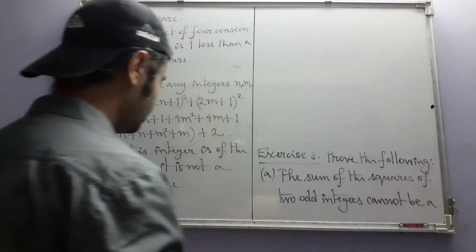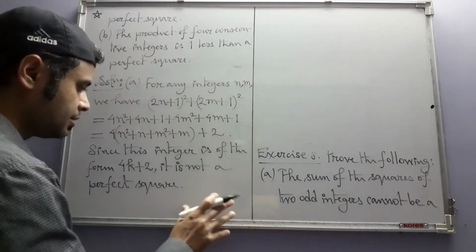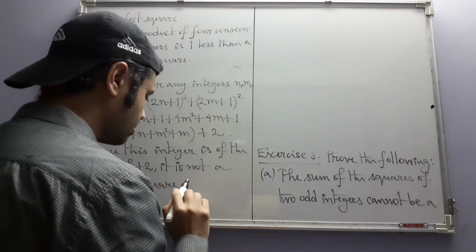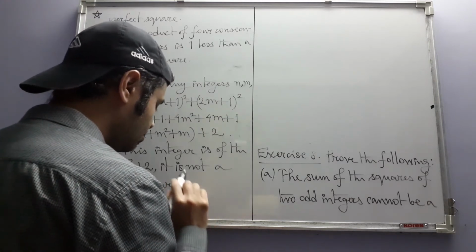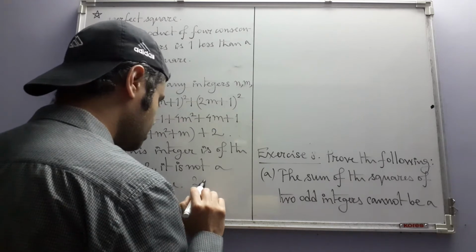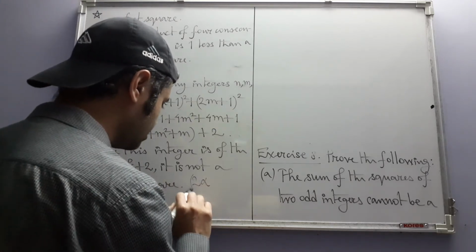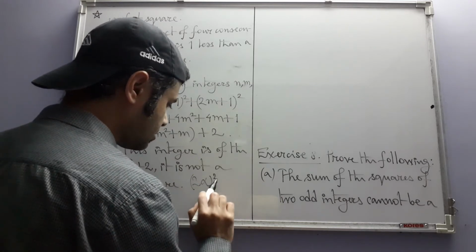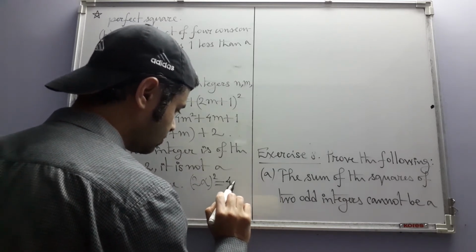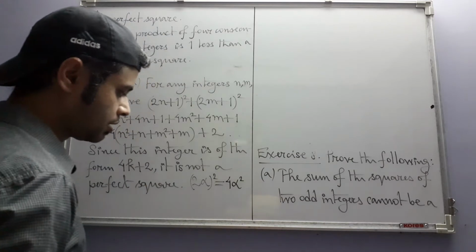If your integer is even, of the form 2 alpha, where alpha is some integer, if you take its square, you get 4 alpha square.